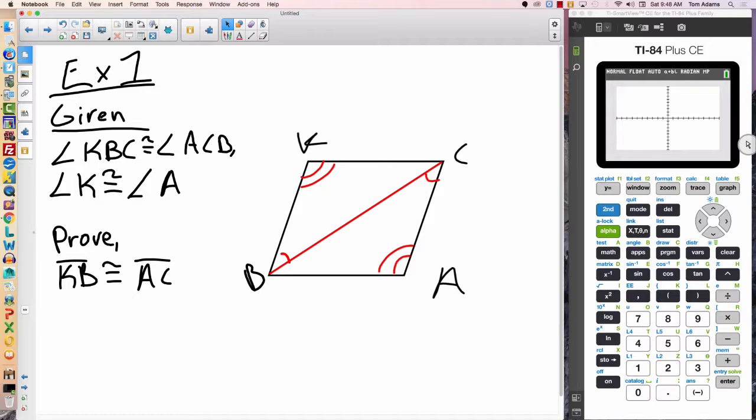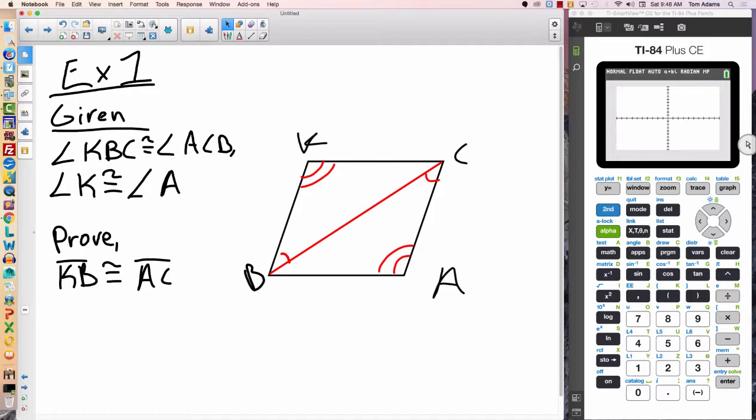So basically we're given the angle K is congruent to angle A, and that the angle KBC is also congruent to ACB, and then we need to prove that KB is congruent to AC. Well, if I could prove that these are corresponding parts, which they are, and I could prove that these are congruent triangles, then I can prove that all of their corresponding parts are congruent.